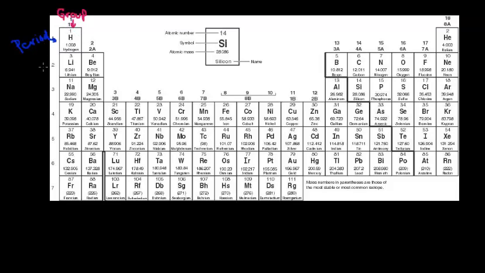In periods, we actually don't have that much that we need to remember about them, but groups, we do have a lot to remember there. And the reason is that groups are very similar to each other.